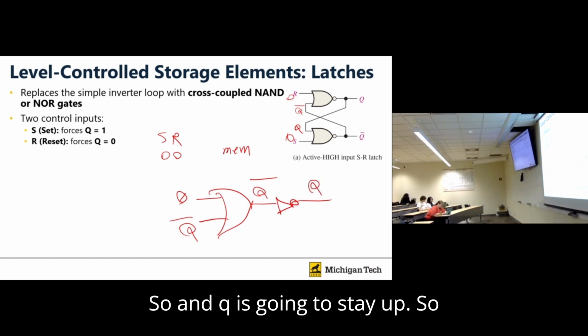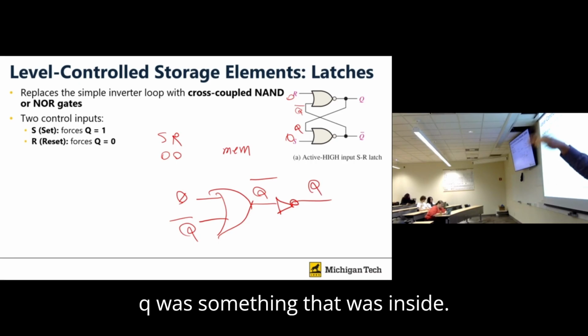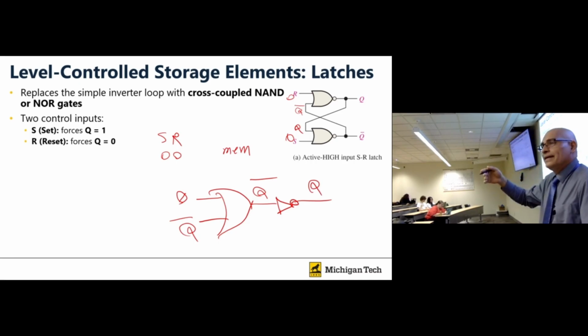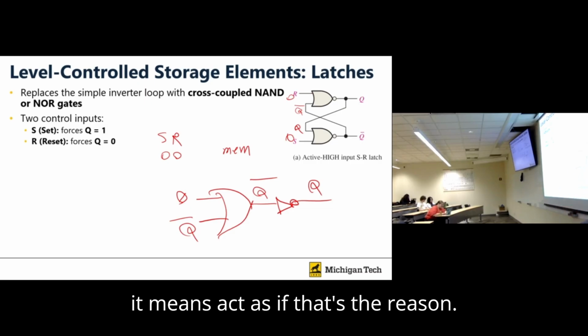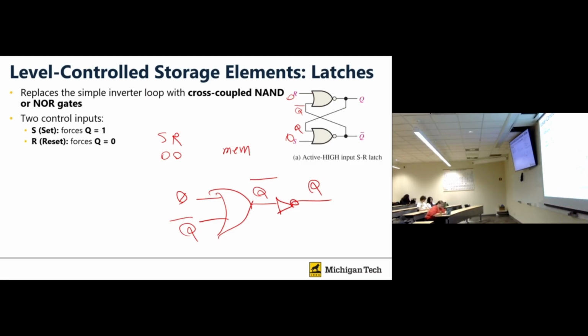And Q is going to stay. So Q was something that was inside, and right now it stayed inside. So it acts as memory. That's the reason. And I said Q can be 0 or 1, whatever it was.